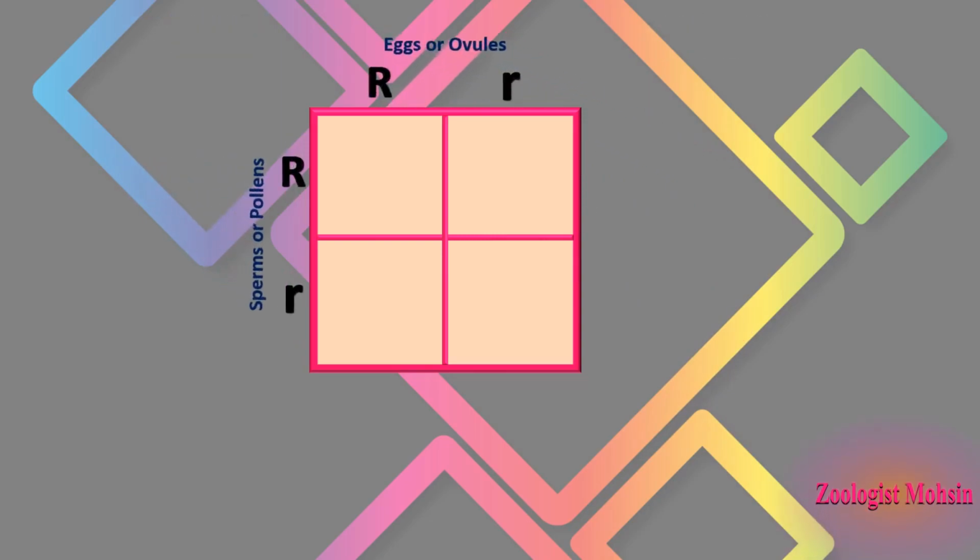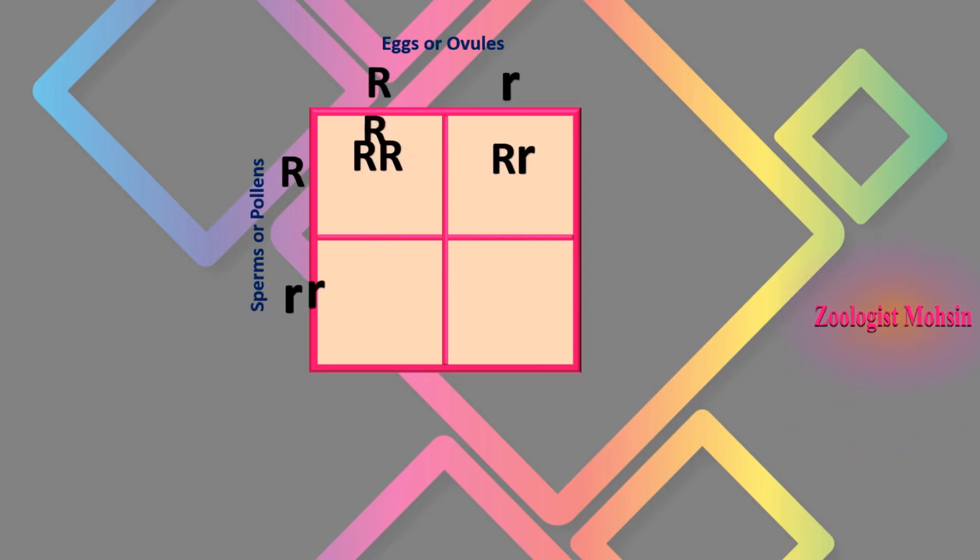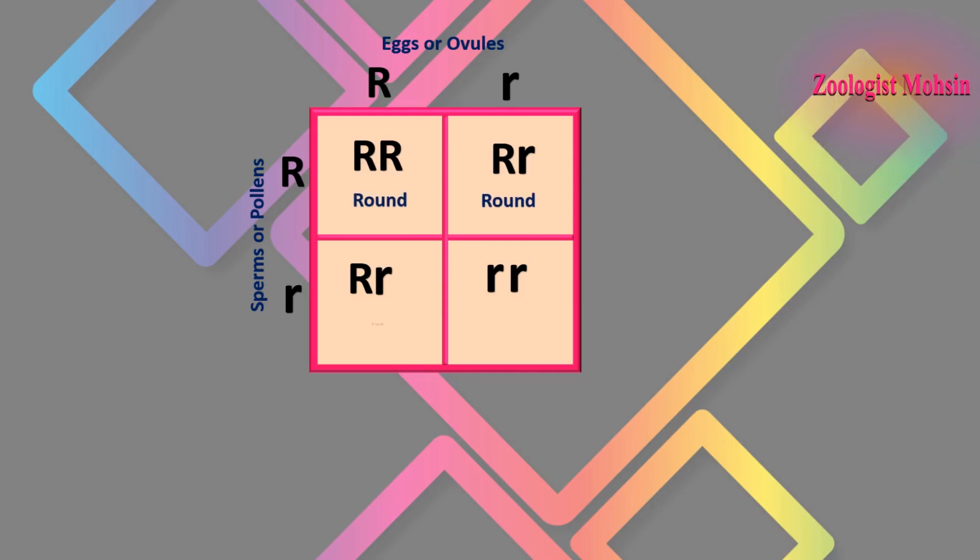Let's extract the alleles only for convenience. Then we draw the combinations. Here is capital R, small r, and capital R, small r, and similarly small r. That is the possibility of next generation seeds, whether they will be round or wrinkled.